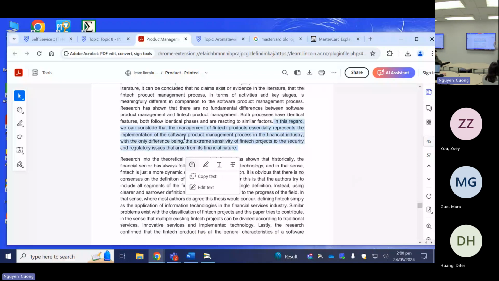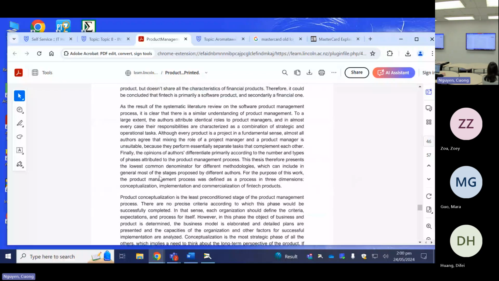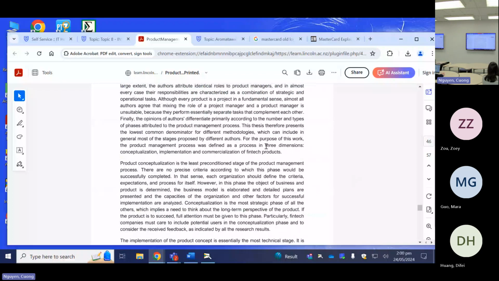Fintech product management is a kind of software product management, but in the financial industry. So there is just a little difference between them. And normally it involves three dimensions: conceptualization, implementation, and commercialization.